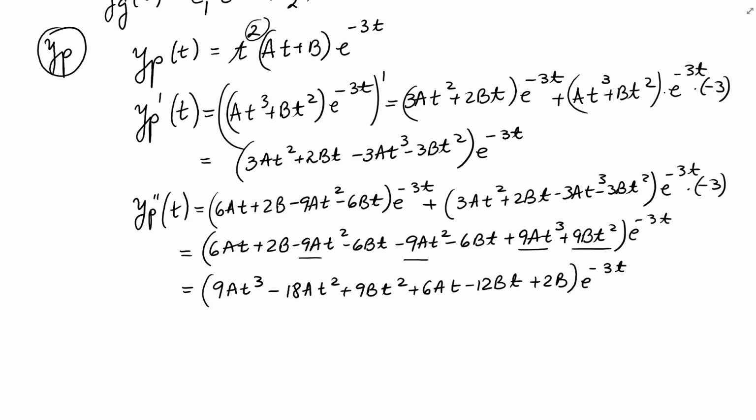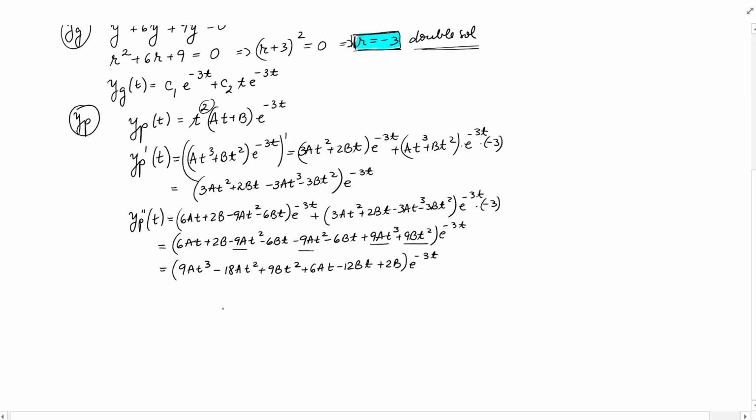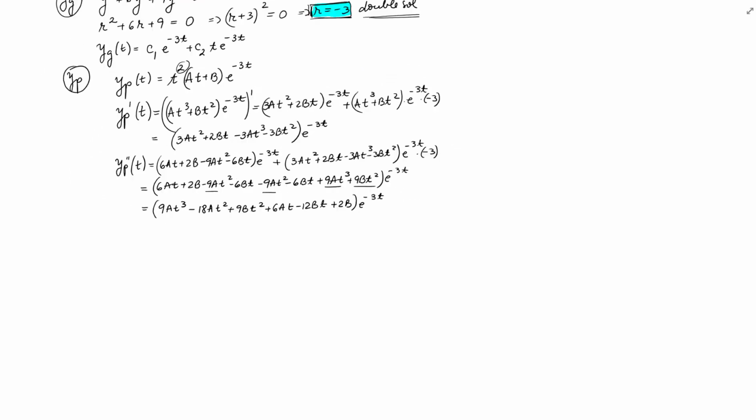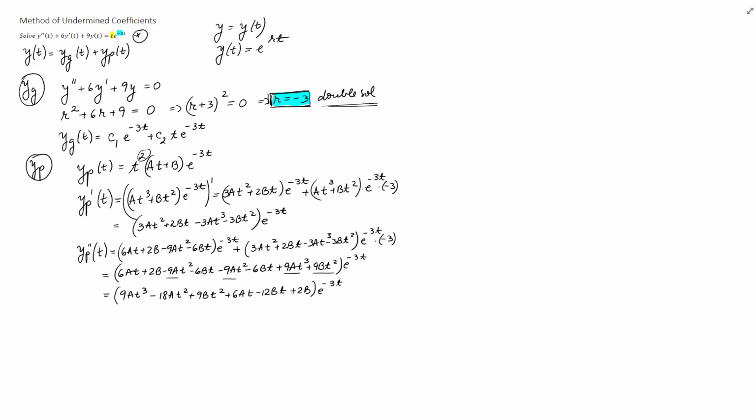So now, having yp and its derivatives, I'm going to replace them into the initial equation. For y double prime, I copy what I just got here: 9at cubed minus 18at squared plus 9bt squared plus 6at minus 12bt plus 2b.